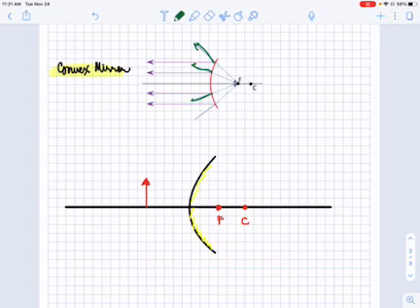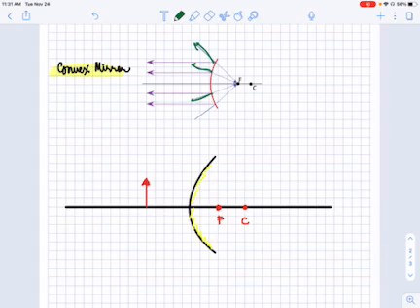When we draw the principal ray diagram for convex mirror image formation, we will use the same rules for the two principal rays that we have used for the concave mirrors earlier.